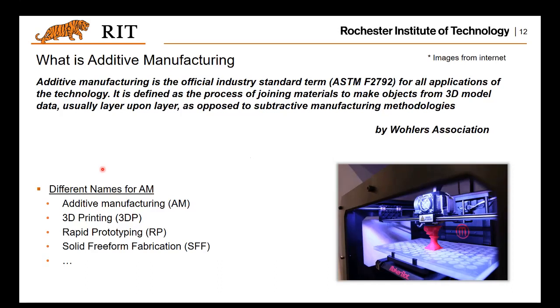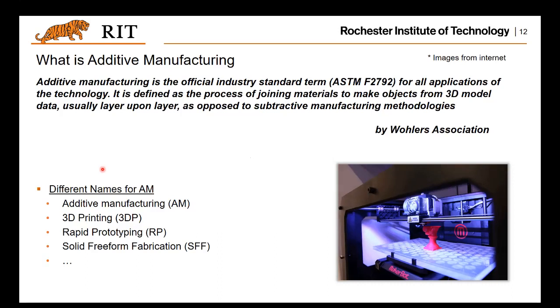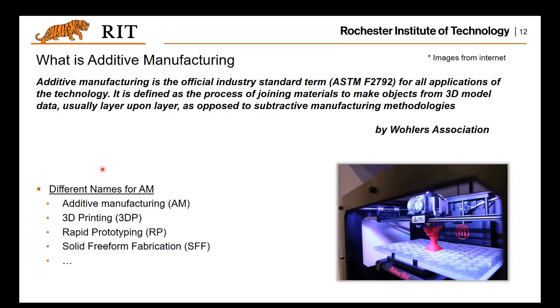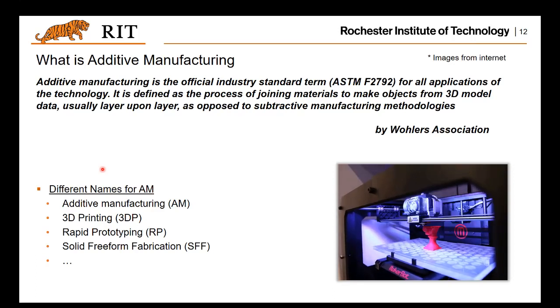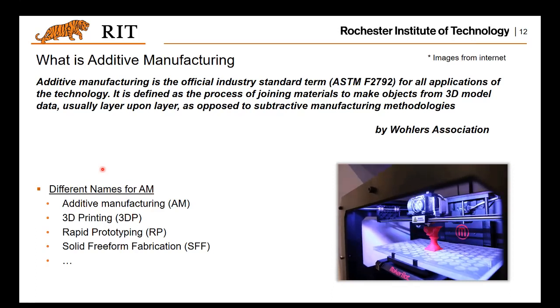And usually it is layer upon layer, because right now there are new processes coming out without the layer-upon-layer manner. But still, most of them are in this form. And also the term additive is the opposite of subtractive manufacturing, right? So that's a rough definition from the Wohlers Association.